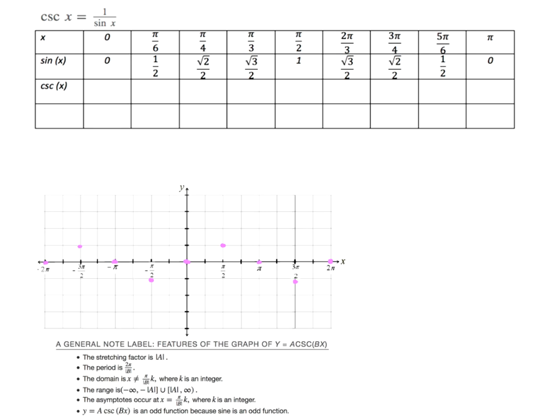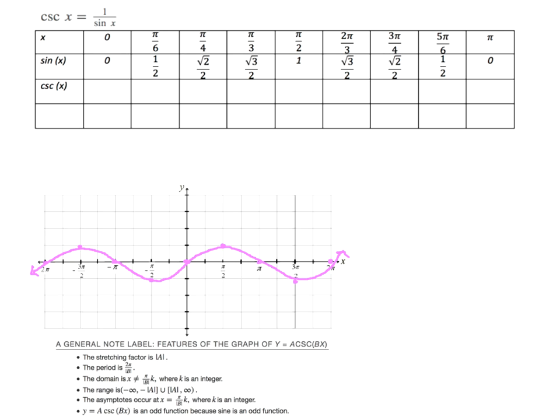And the cosecant is going to be the same type of looking curve as the secant was. The secant is just shifted from the cosecant because sine is shifted from cosine. So this cosecant function is the reciprocal sine function.